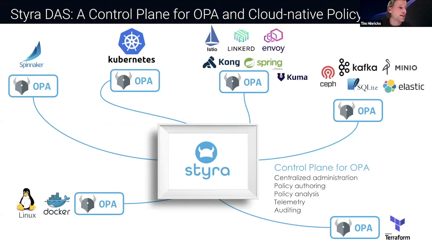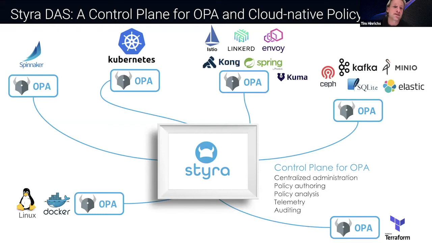I always like to say that if you've got 500 backend microservices, then when you're running OPA as a sidecar, you end up with 500 instances of OPA. If you think about deploying OPA for other use cases, you'll have even more instances of OPA. And so the problem at that point that you need to solve is, how do you manage all those OPAs? How do you know that they're healthy? How do you distribute policy to them? How do you record the decisions they're making, and so on?